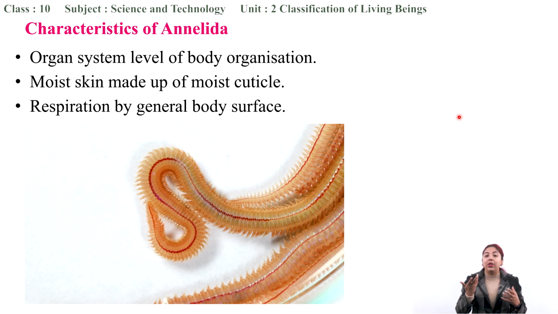It cannot breathe if its skin becomes dry. The heat from the sun dries up the skin, and it cannot breathe, so due to suffocation it will die. So moist skin is very important for these organisms' survival. That is the reason why the earthworm does not usually come out in the sun, because it will die due to suffocation.